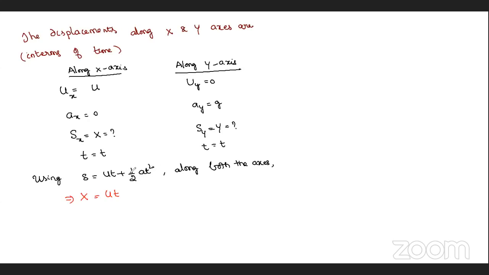So x is equals to ut. And the same equation along y-axis: s is y, u is 0 along y-axis, so 0 into t becomes 0, plus half a, which is g, into t square. So x is equals to ut, y is equals to half gt square. These are the 2 displacements along x and y-axis.